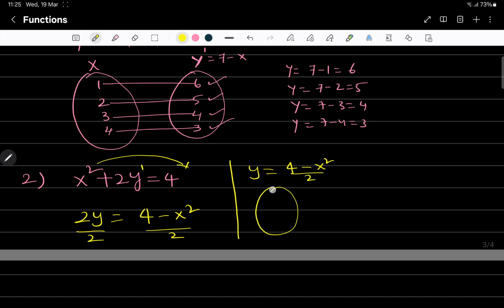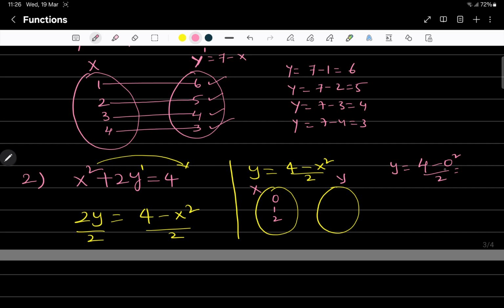Now take some numbers. This is x and this is y. Take simple numbers, 0, 1, 2. Now use them in place of x. y is equal to (4 minus 0 square) by 2.